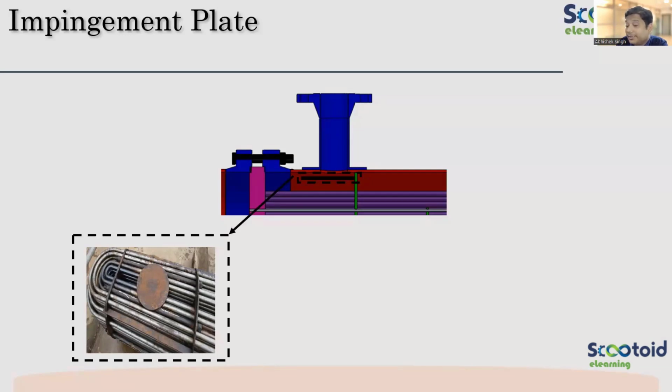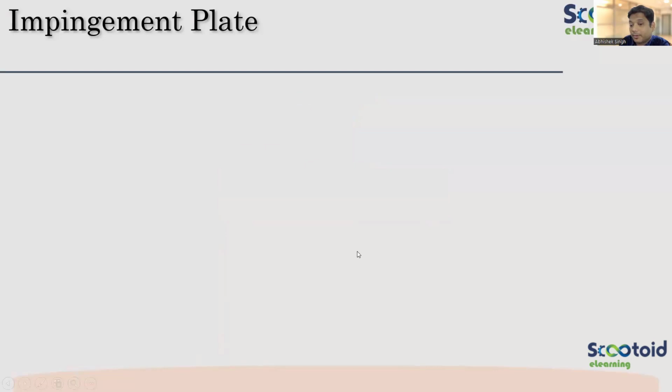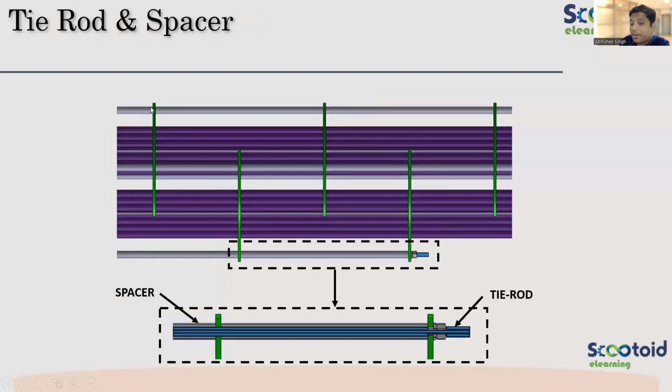There is nothing else through which it is attached. It is attached by the tie rods and spacers. Otherwise, there will be holes, so the tubes pass through the baffle. You can see this configuration. There are tubes passing through the baffle, and you have tie rods.